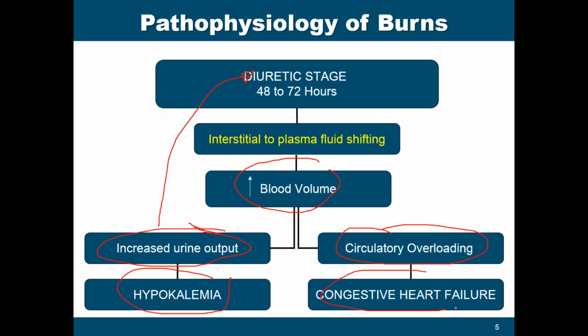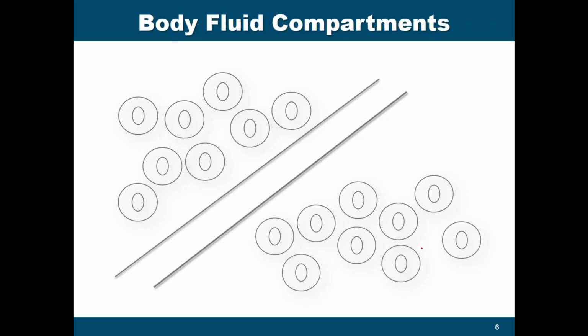That could lead to the patient developing heart failure. So during this stage, it's very important to monitor the patient's lung sounds for crackles to ensure that we are detecting this major complication. So as you can see, there are differences in the symptoms or assessment from the first stage of burns to the second stage of burns.